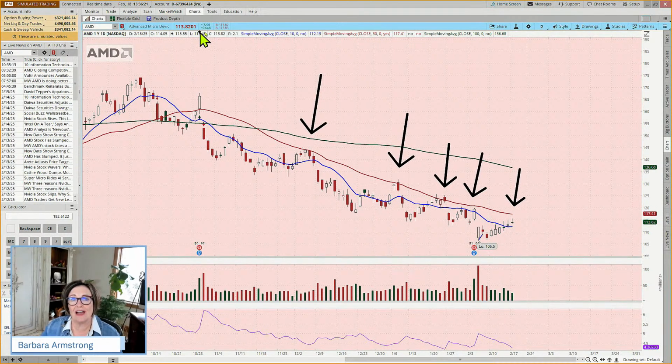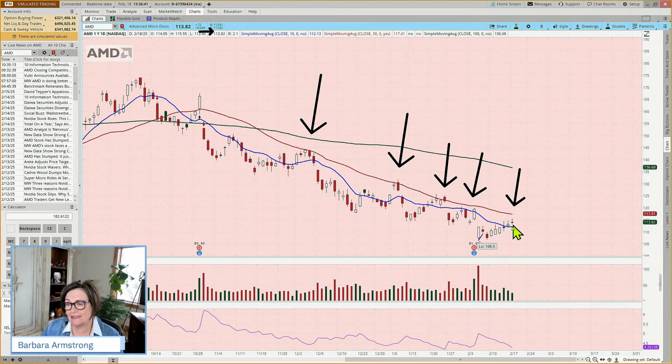And then here we are again today. And even though we're up like 0.5%, this candle pattern is indicating that this could be waning, that this could be hitting its head and about to roll over. Now, it could continue to go up.